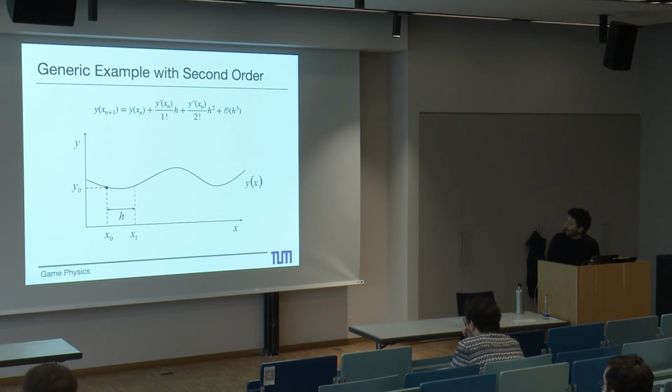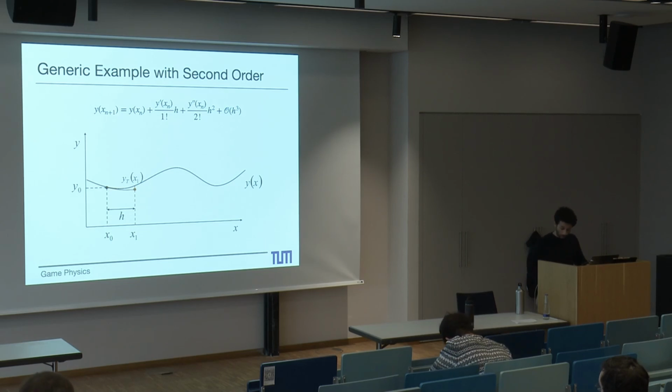Now we can simply move further, and in this case what we are doing is that we are approximating with a polynomial of a function of h in order to find our approximation of the solution.